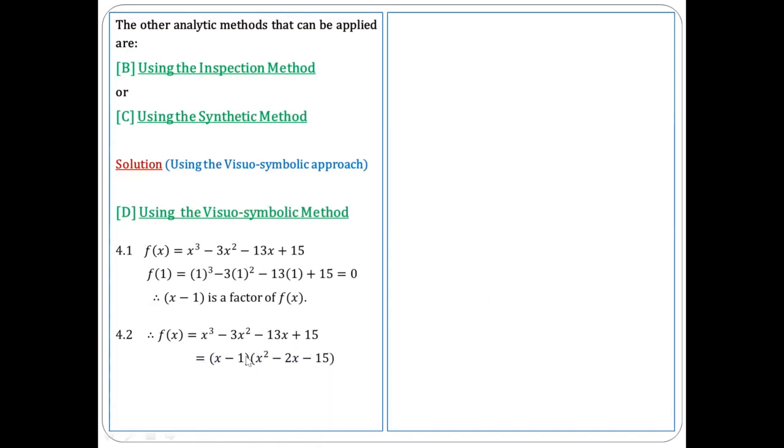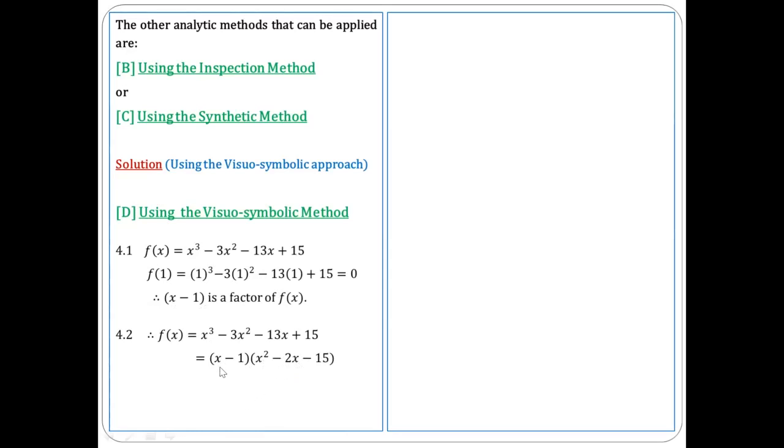So this step here, I'm going to explain it like this. Imagine we don't know the terms in the second bracket. Because we have found that x minus 1 is a factor, we will write our first bracket x minus 1, and then determine the terms in that second bracket.